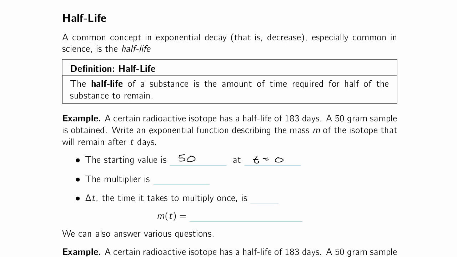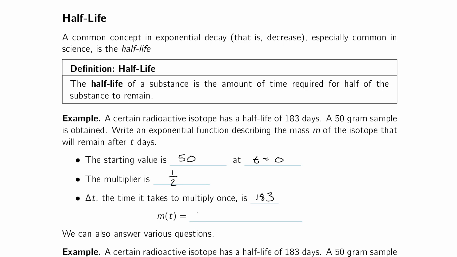The multiplier, because we're talking about the half-life, will always be 1/2. If we're being given a half-life, the multiplier is a half, and then the half-life is just the time it takes to multiply by a half. So we'll multiply by a half every 183 days. Our delta T is 183.